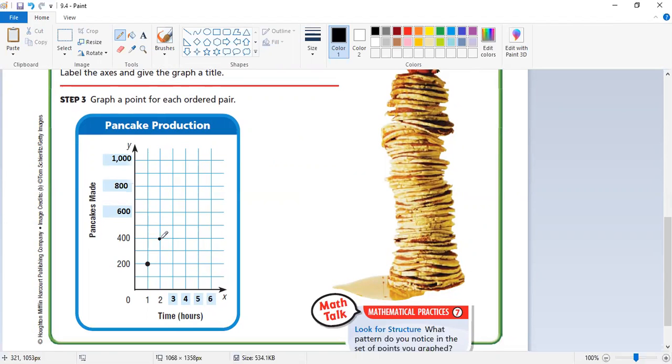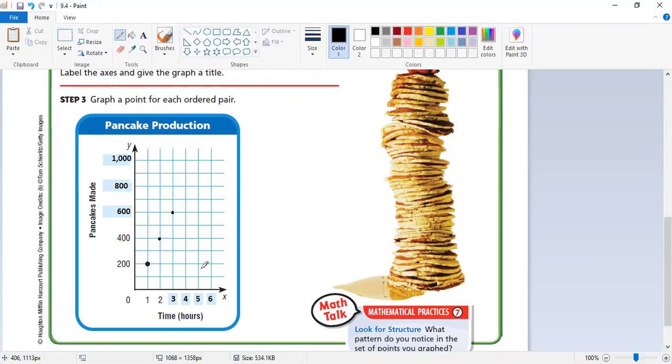Where they meet, you just draw a point. The next one is 3 and 600. So you go all the way above the 3 line. Where the 600 is meeting, you need to draw a point there. Now mine is not so accurate, but because you are doing it in your book with a pencil, you can do it more accurately.